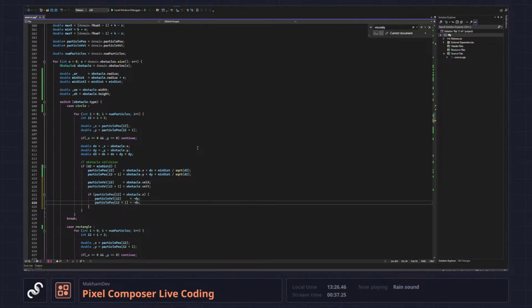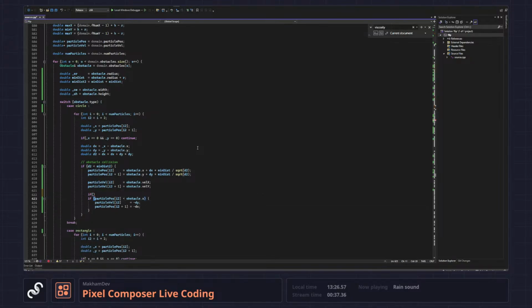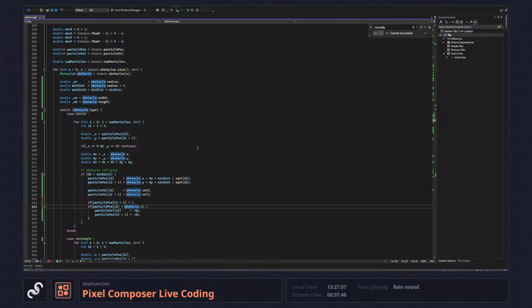You might have to adjust the magnitude of this change later, but it also only happens if particle position y is higher than obstacle y.